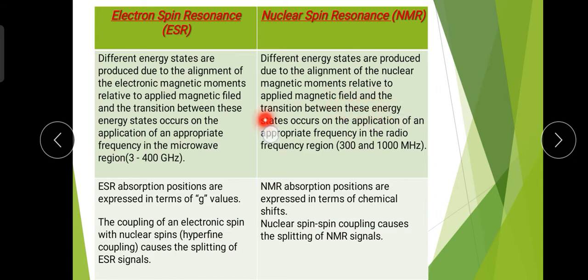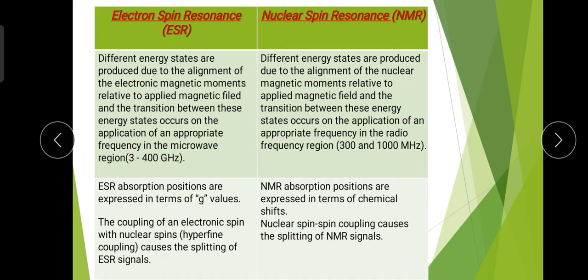magnetic field, and the transition between these energy states occurs on the application of an appropriate frequency in the radio frequency region, which lies between 300 and 1000 megahertz. NMR spectroscopy falls in the radio frequency region, 300 to 1000 megahertz.